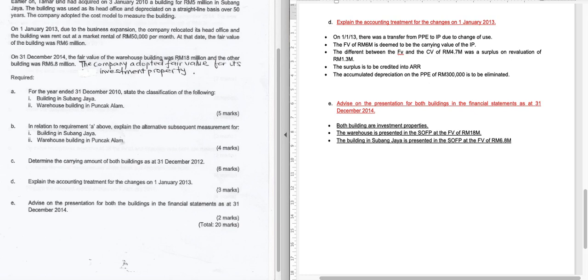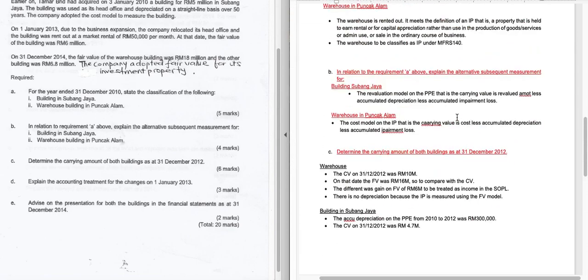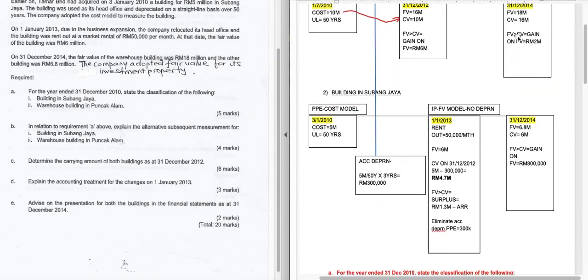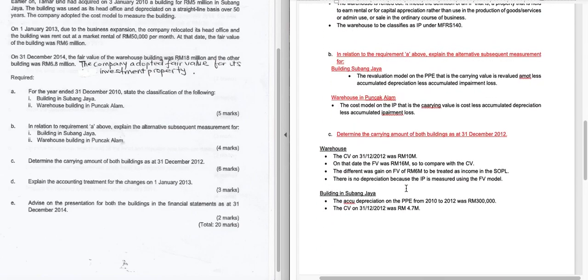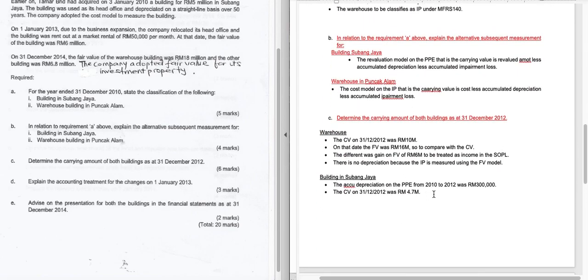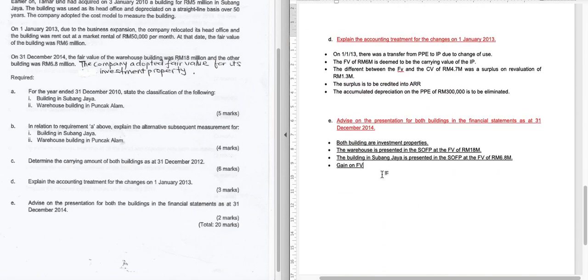Is that correct? And then you have to mention about gain on fair value, because for both buildings you get gain on fair value. This is gain on fair value and this is also gain on fair value, so you can add them up. 2 million plus 800,000.